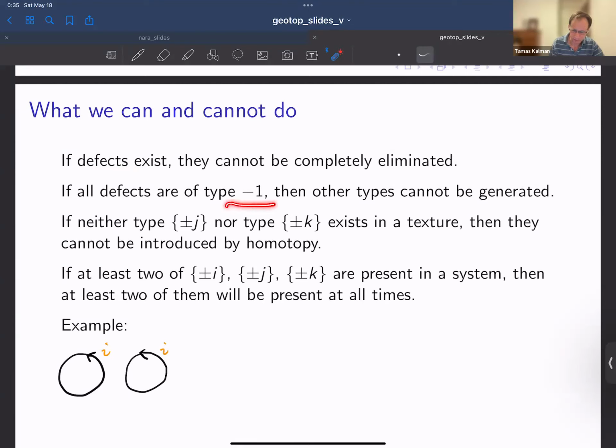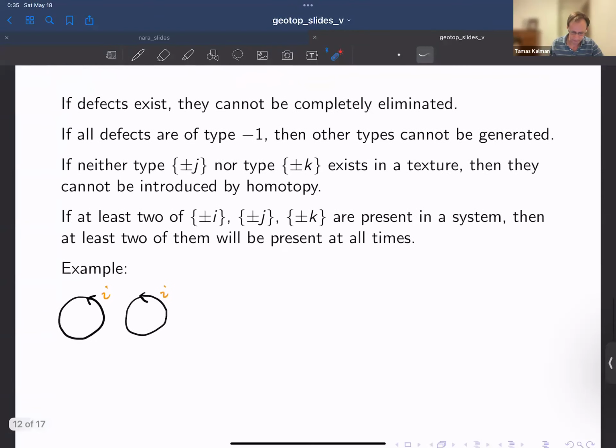If everything is of type -1, then that situation will be stable. Other types of defects will not pop up. If you only have I, you don't have J, you don't have K, then again, they will not come into existence later. On the other hand, if I, J, and K are present, then at least I, J, and K will always be present. That's the sort of corollary that this has.